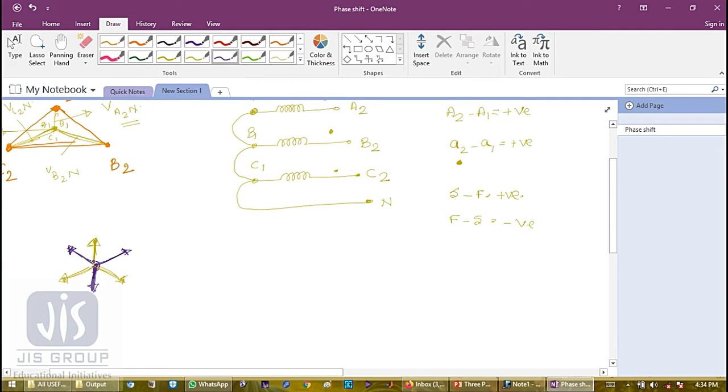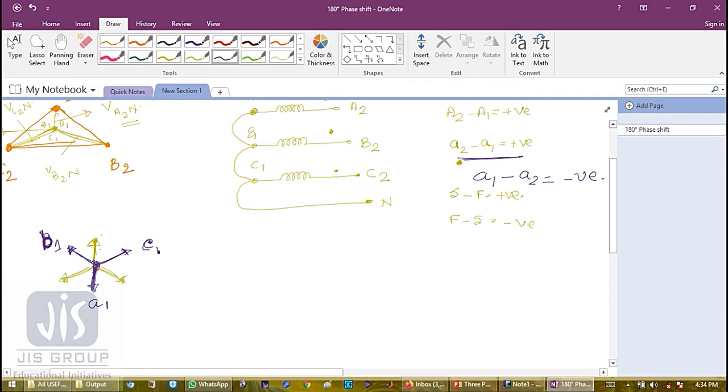If this is A to N, then the secondary is opposite. A2, A1 is positive, so my A1, A2 will be negative. So this will be my A1, this will be my C1, and this will be my, sorry, small b1, small c1.